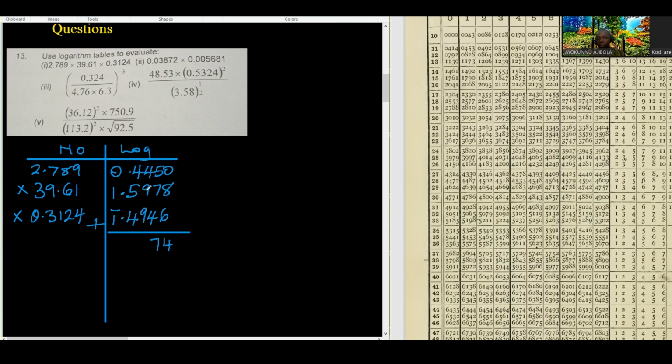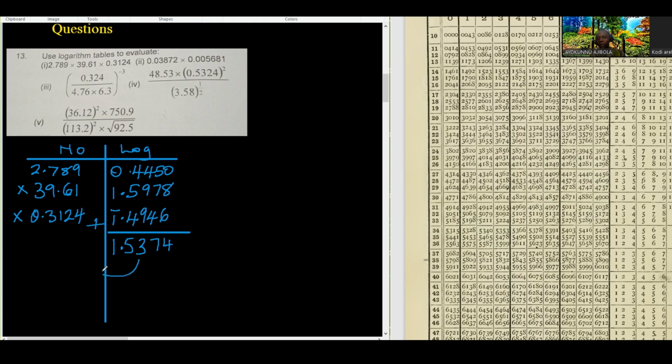Then 1 plus 9 gives 10, that's 19, plus 4, that's 23. I keep 2. Then 4 plus 4 is 8 plus 2, that's 10, plus 5, that's 15. Then I keep 1. Then 1 plus 1 here is 2. So 2 minus this 1 is 1.